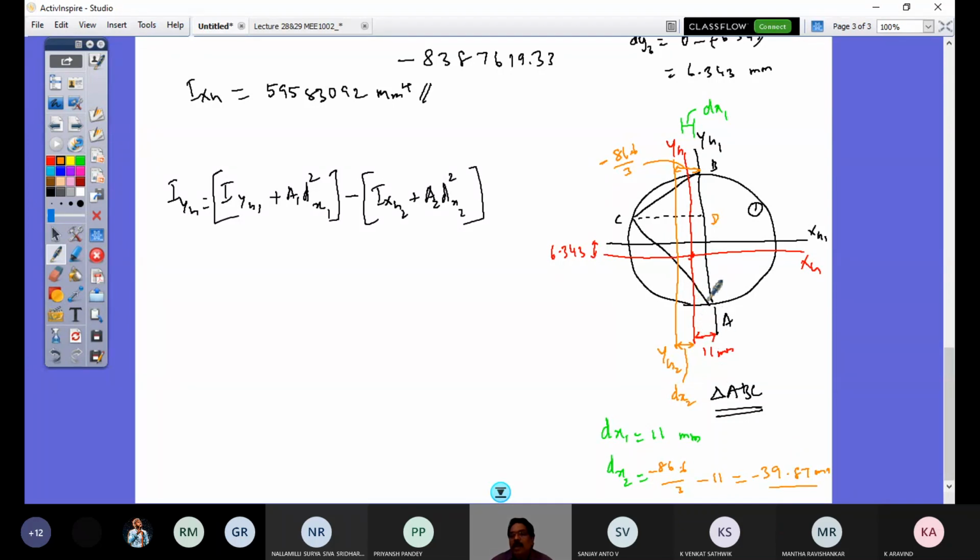That's very clear. See, from here it is 86.6 by 3 minus 11, right? So I can just take like that. I'm not bothered about this sign. So minus of minus, this becomes plus. So this is the answer. Plus 39.87 mm. So just can you check that? Or I can write that as x2 minus x bar.